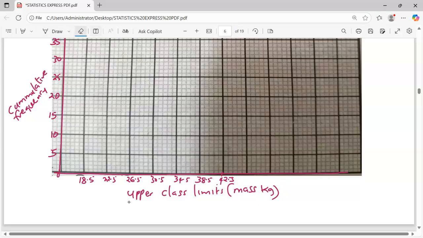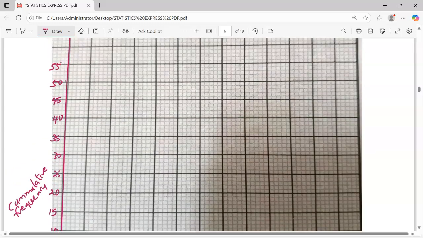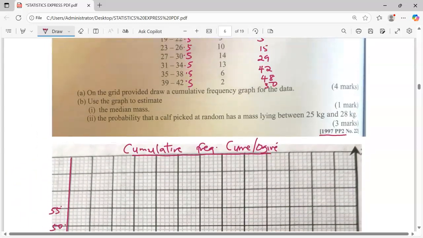After 42.5, next we are going to have 46.5. Once we have done that, we go and start plotting.